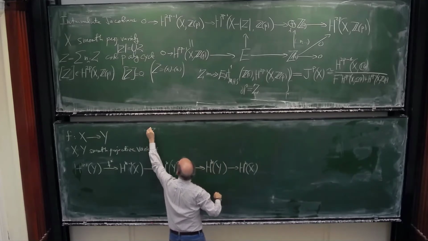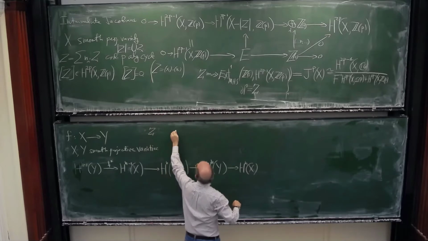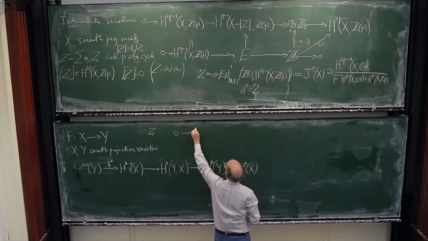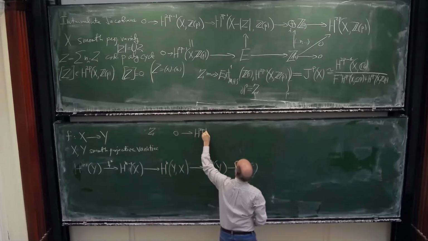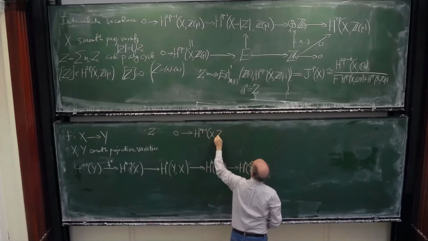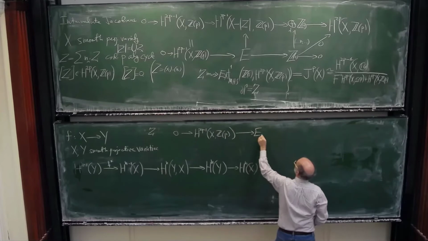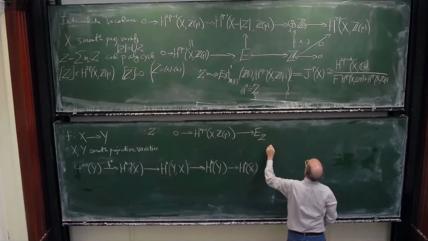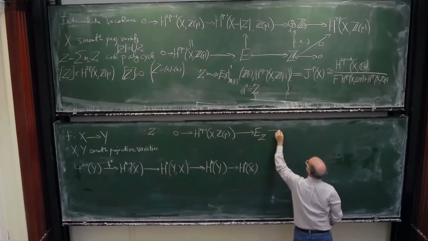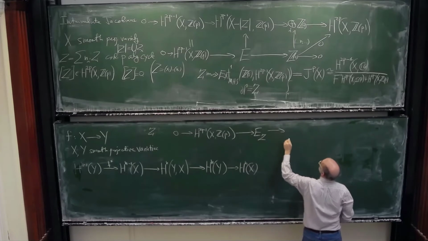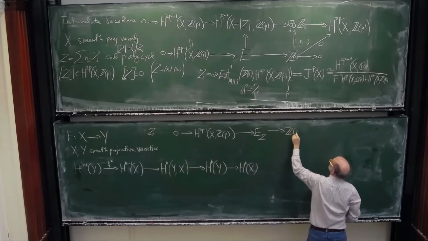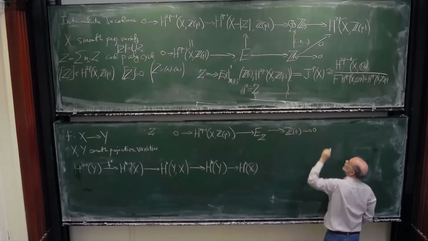Up there we had z, and it corresponded to an extension that looked like H^{2p-1}(X)(p), and then there was the fellow in the middle, which I'll just label with a z because it depends on z, and then we had Z(0) goes to 0.